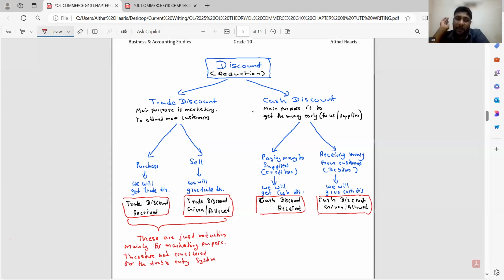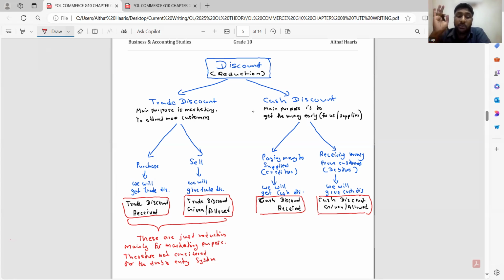That means, simple: trade discounts we are not considering for the double entry system. Why? Because it is given mainly for the marketing purpose. Fundamentally, a globally accepted technique.